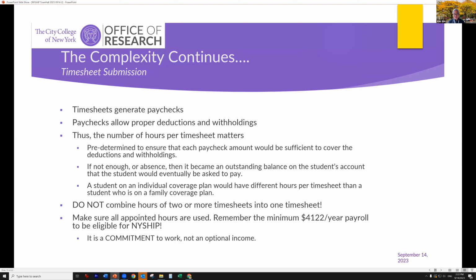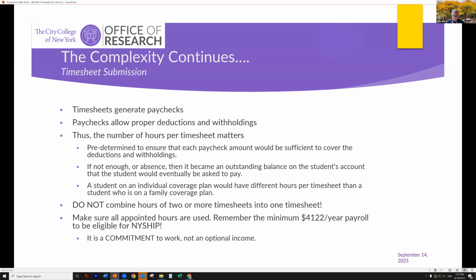Compounded with that is that during the past, when I was trying to understand this process better, I realized that a lot of the students did not submit their timesheets regularly, accurately and on time. That triggered a lot of issues that I will talk about in a minute.